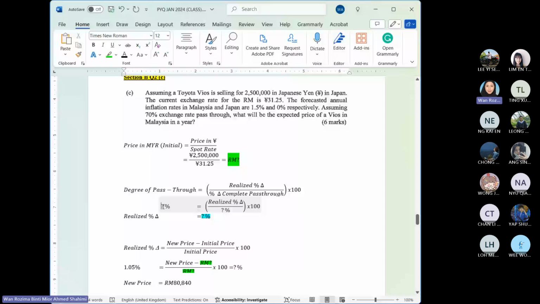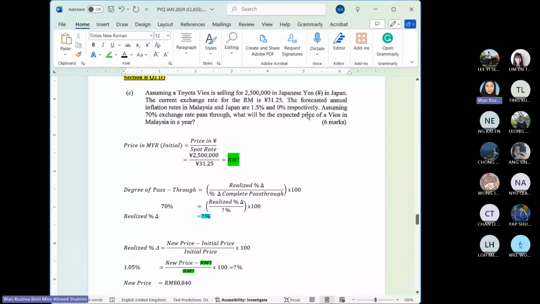Then the realized percentage change, this one you need to find. Then the percentage change under complete pass-through: by right, if the exchange rate moves by 10%, the price should also move by 10%. But you can see here the inflation is 1.5% in Malaysia and 0% in Japan.